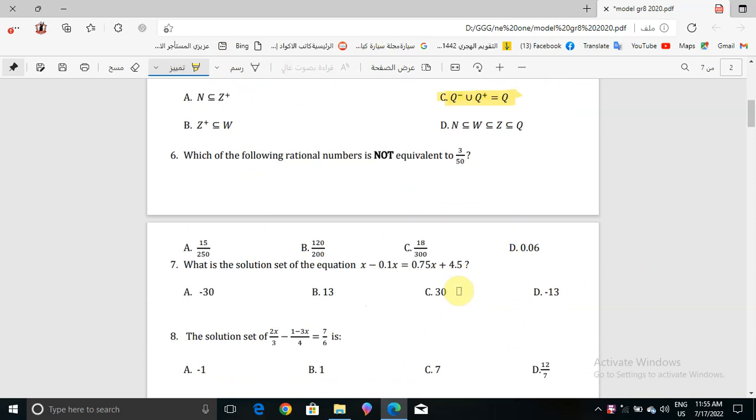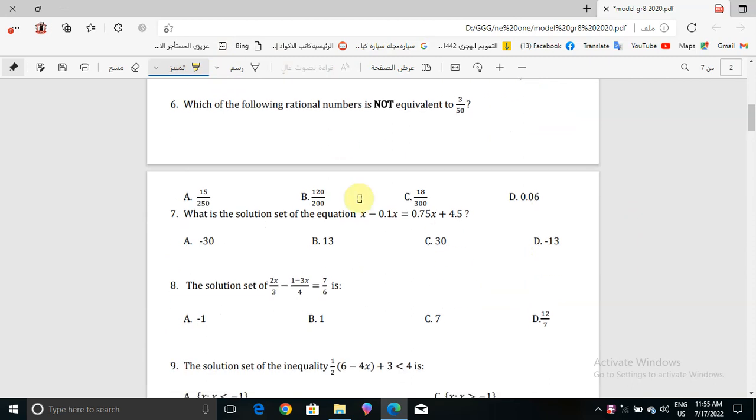Okay, now let's go to question number 6. It says, which of the following rational numbers is not equivalent to 3 over 50? Here it will be divided by 3 and here by 50. But 120 over 20, no, it will not. Here we cancel the zeros.